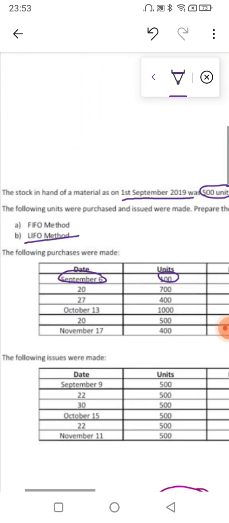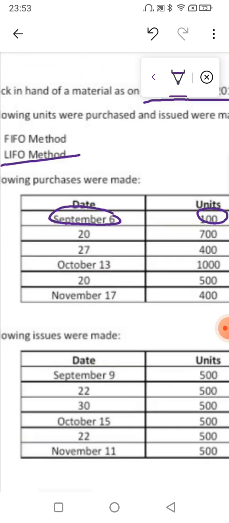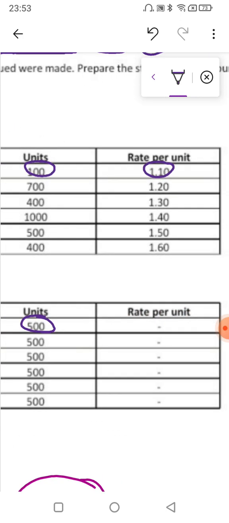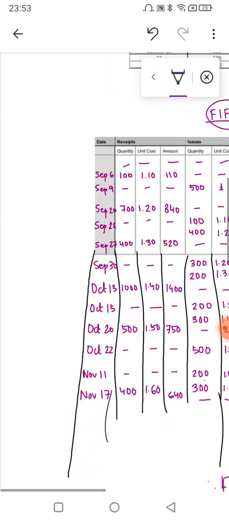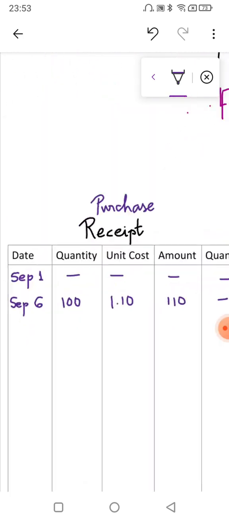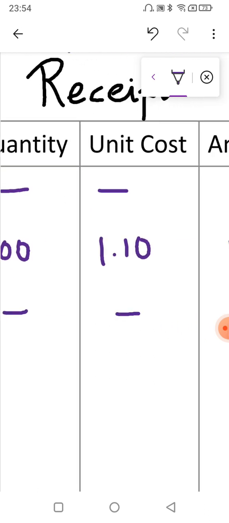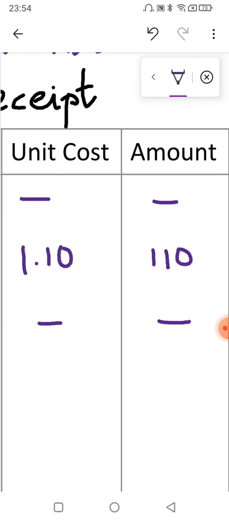The next date that we have is September 9. It was an issue date, so 500 units were issued. September 9. We are going to record it over here. Nothing was received, no purchase made.